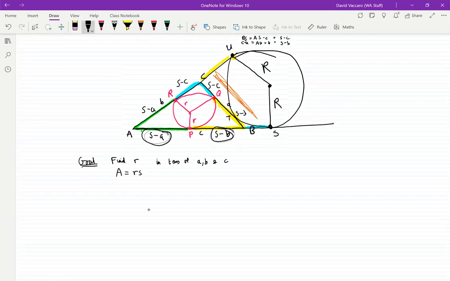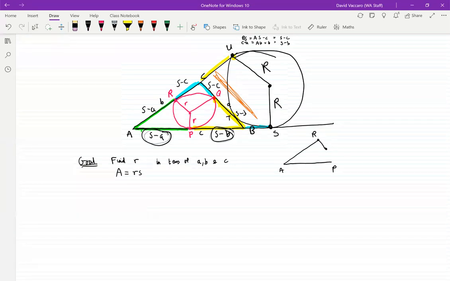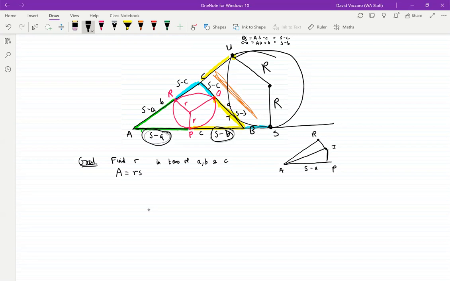So the first thing I will note is that I can look at the triangles APR and then the center of my incircle, I. So AP is S minus A, AP is S minus A. These two inradii are r.